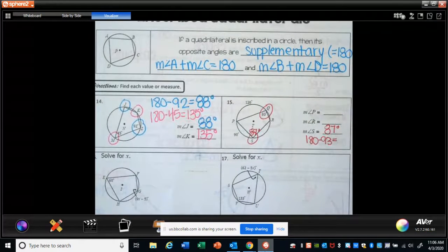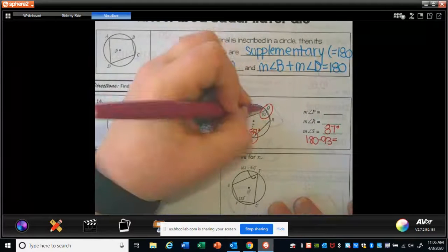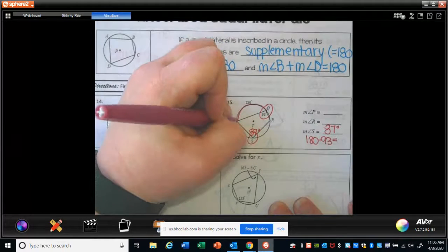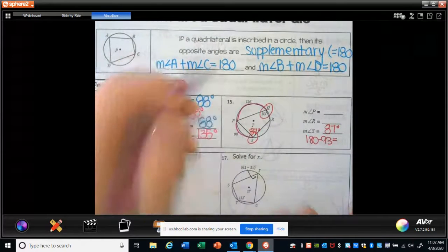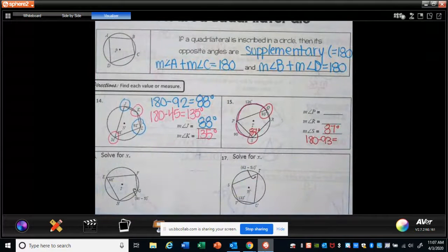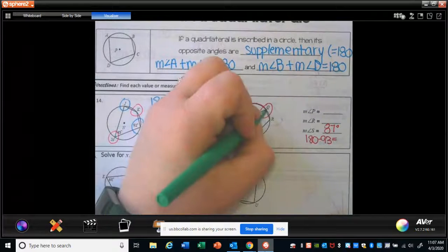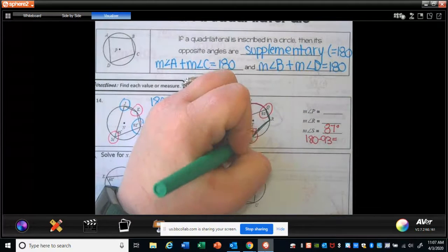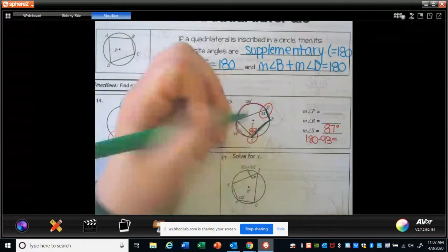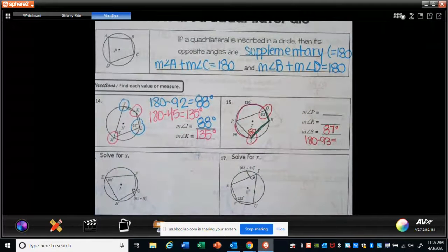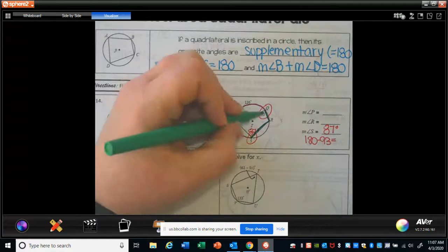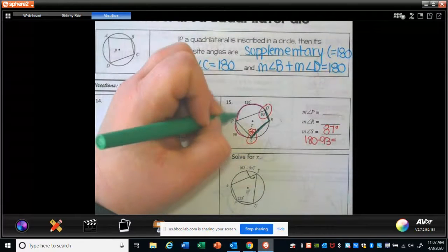Now, I'm going to use the arcs to help me. So let's look at those arc measures that they give me. PQ is 126, and then PS is 90. And if we look at those two arcs together, they correspond to angle R. So look at the inscribed angle QRS. Q and S are the endpoints, and those are the endpoints of those two arcs.